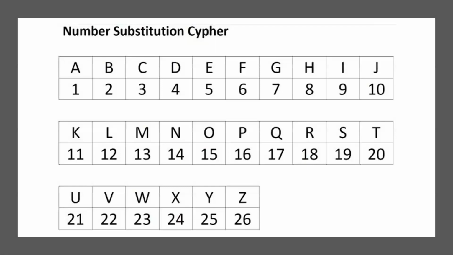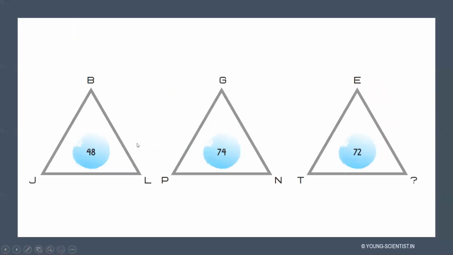That means A is the first letter, so you substitute it with a number 1. B is the second letter, you substitute it with the number 2. So if you do this, you can convert this alphanumeric and geometric sequence into a numeric sequence. You'll have 3 numbers at the vertices of a triangle and 1 number inside.